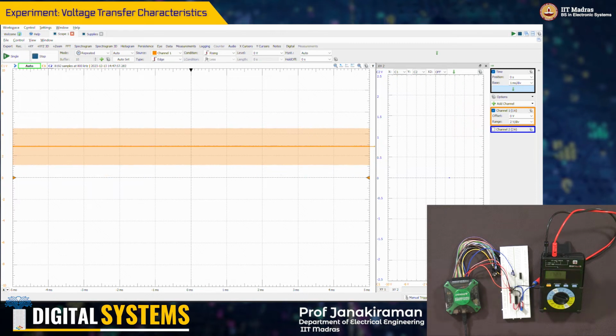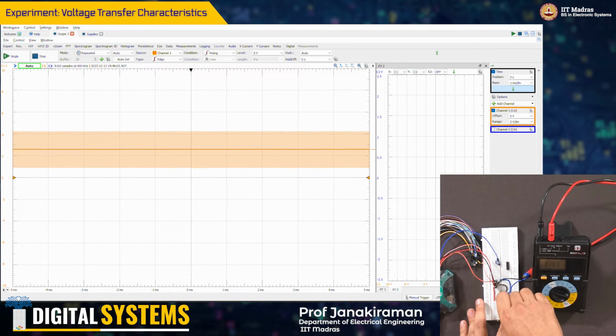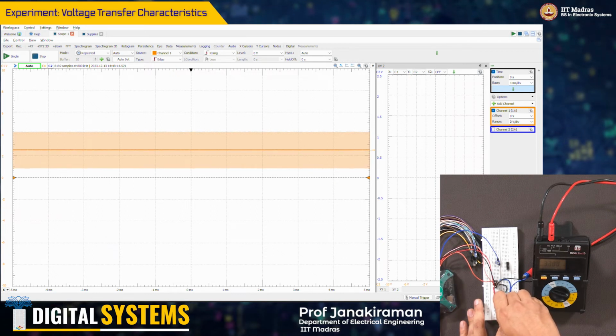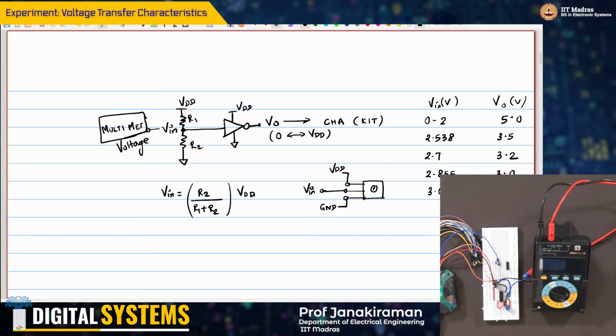Then further, at maybe 3.2, yeah, 3.2 volt, my output is 2.6 volts nearly, okay.